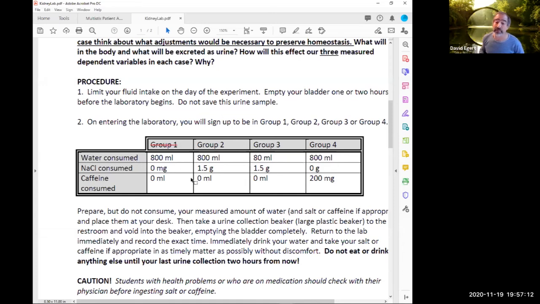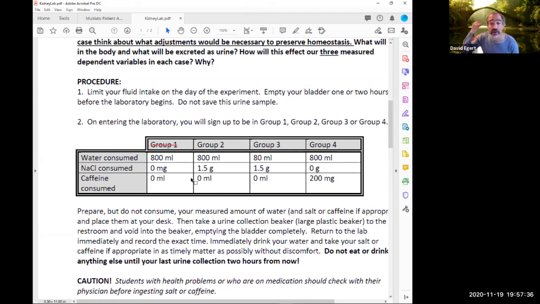And it's going to have to be relative, right? We don't have any ability to have an actual volume or concentration. You're going to have to say group 1 compared to the other groups, or group 2 compared to the other groups, group 3 compared to the other groups, group 4 compared to the other groups.